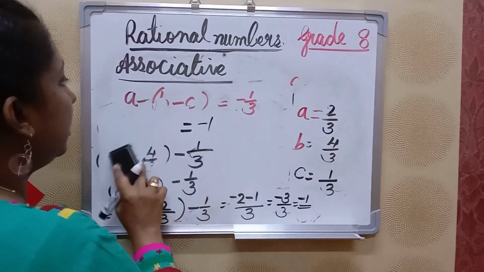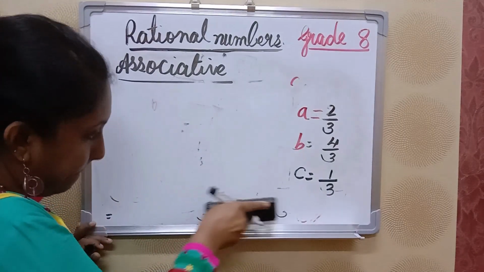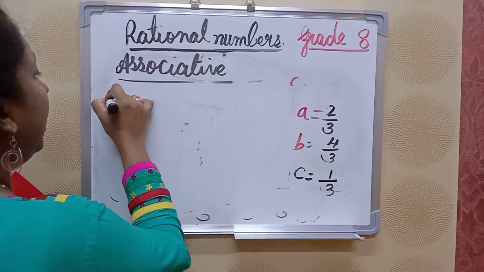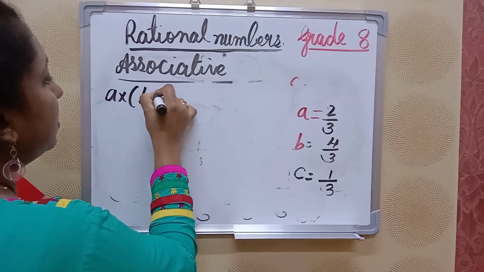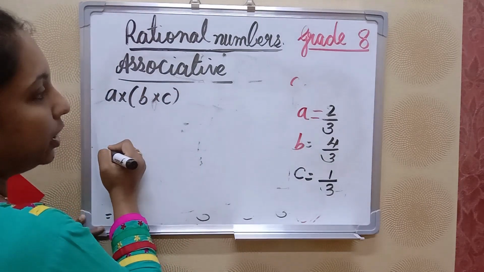Now we can check whether the rational numbers are associative for multiplication. That is (a × b) × c. First we have to find a × (b × c).